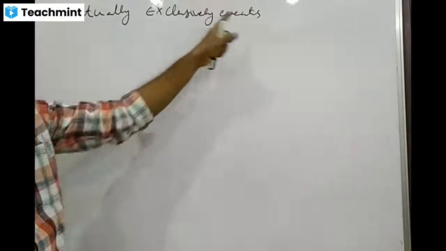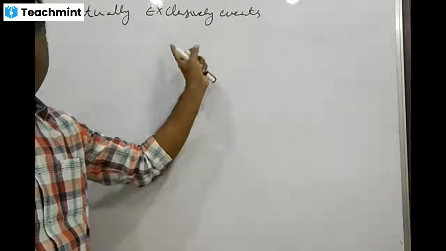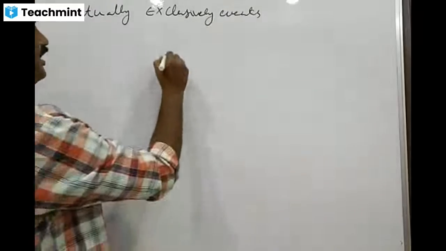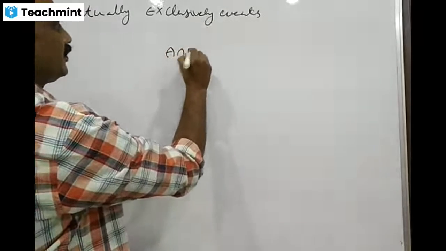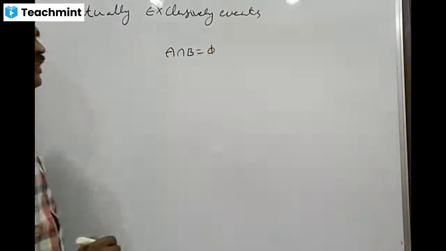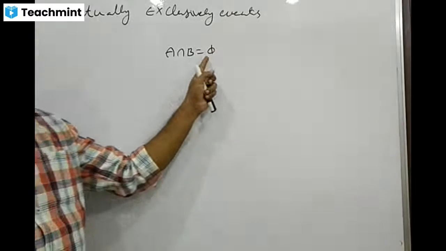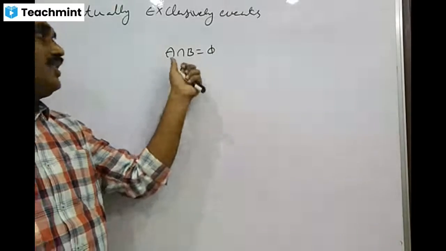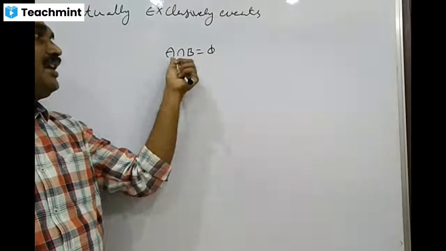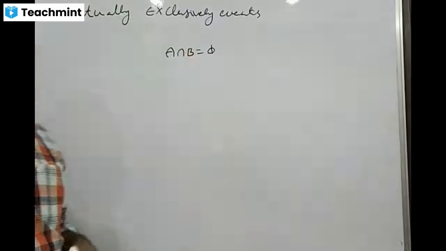Events A and B are mutually exclusive if A intersection B is equal to φ. Friends, if A intersection B is equal to φ, then A and B are mutually exclusive events. A intersection B equal to φ means A and B have no common elements.